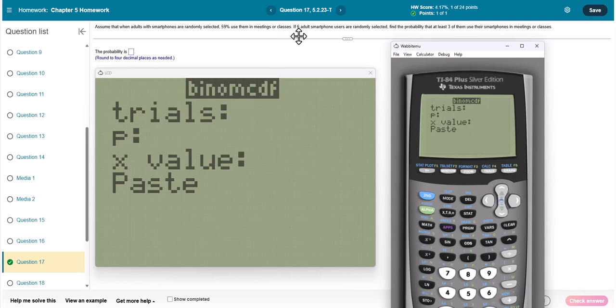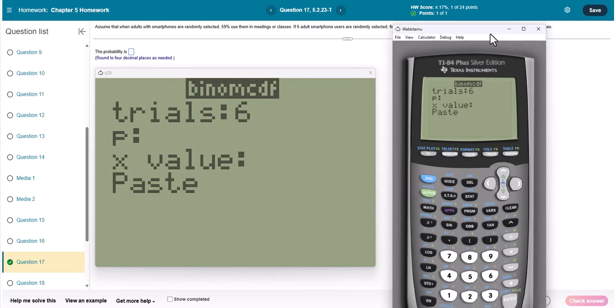We have 6 adult smartphone users being randomly selected. The probability that any one of them uses their phone is 59%, which we write as the decimal 0.59. Now we want to subtract off everything up to and including 2, so the x value here will be the number 2.